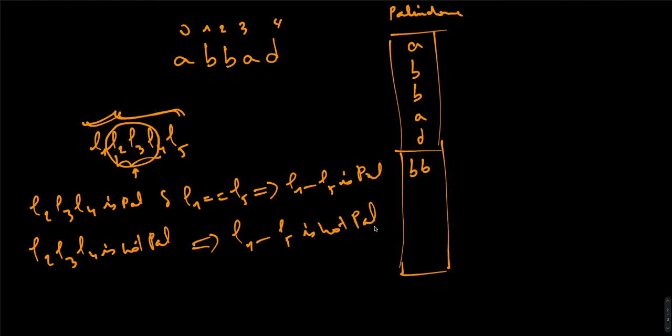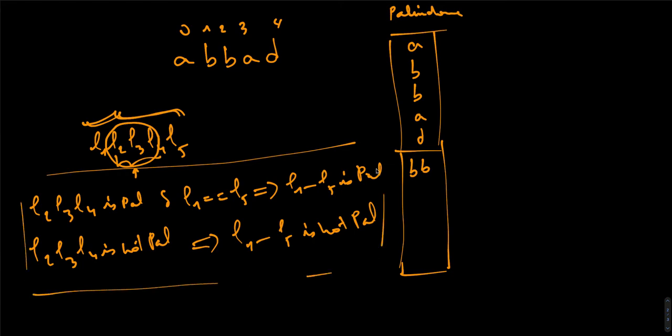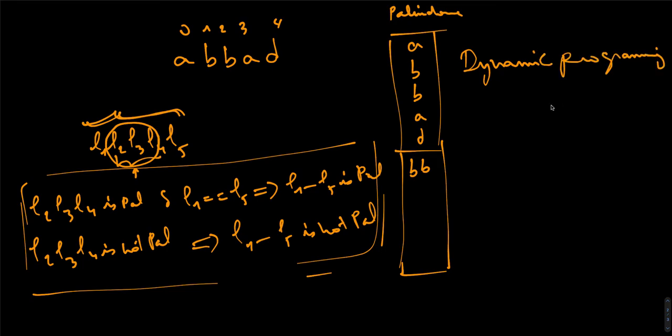So the idea here is that at the beginning, we need to store some initial information, some initial sub-solutions, like A, B, B, B, A, D, B, B, B, which are palindromic, and use these special equations in order to figure out more and more sub-solutions until we get to the final results. And this approach is called dynamic programming. In other words, DP.